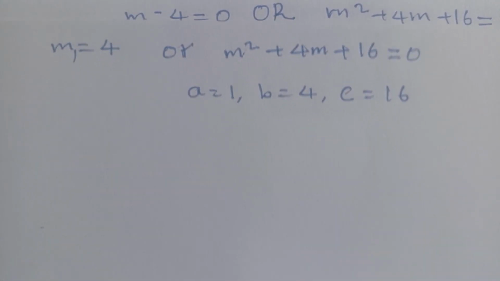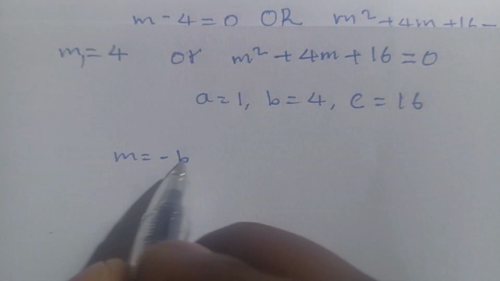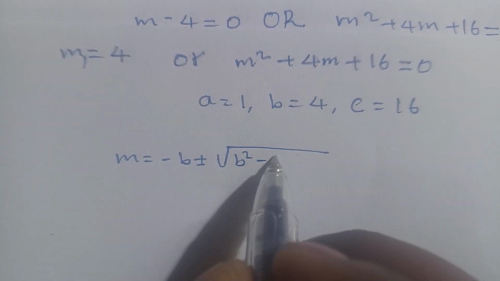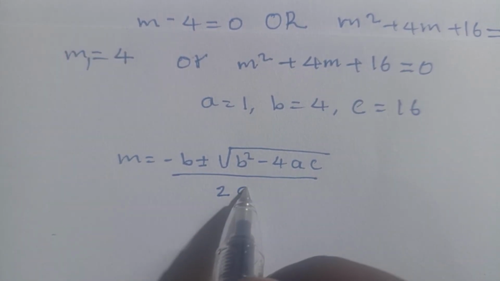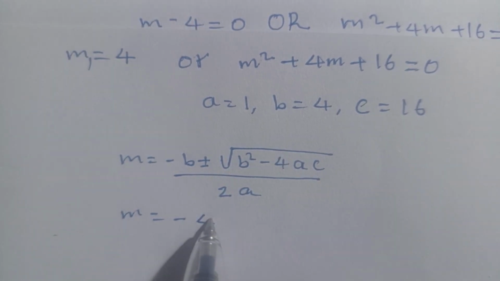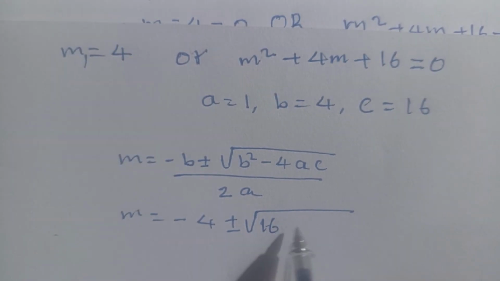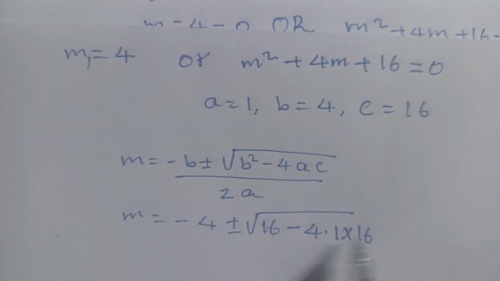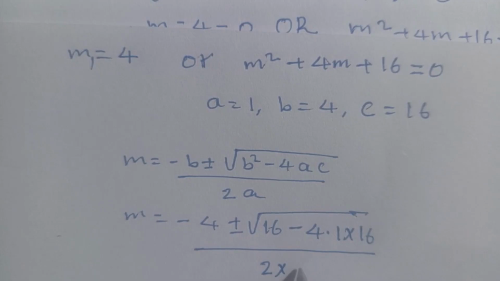From this quadratic equation, to find the value of m, m equals minus b plus or minus the square root of b square minus 4ac, over 2a. M equals minus 4 plus or minus the square root of 4 square, 16, minus 4 times a, 1, times c, 16, divided by 2 times a, 1.